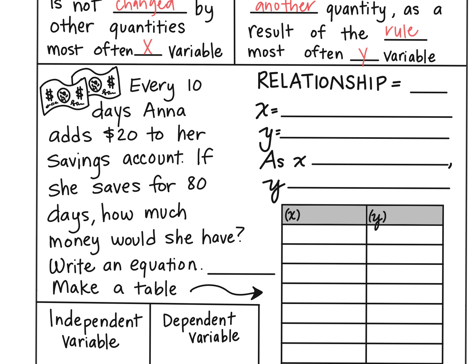Okay, well, what is going to continue on no matter what? Days. Days keep going. Whether or not I keep saving every day, that may stop at some point, but the days will keep going. So that means that the X variable is the number of days of saving money. Here's a hint too.